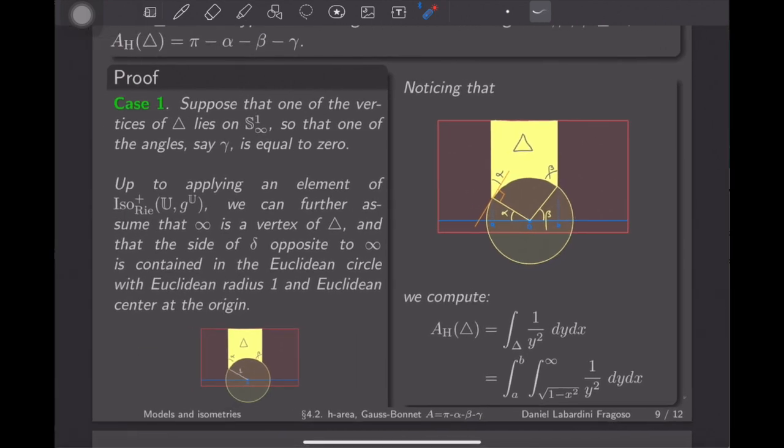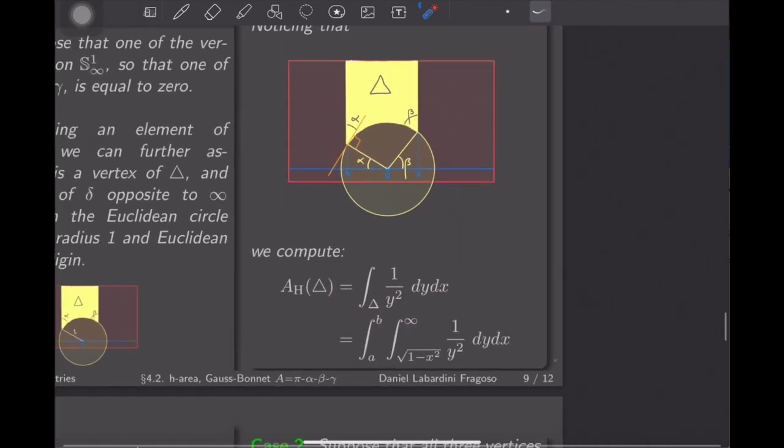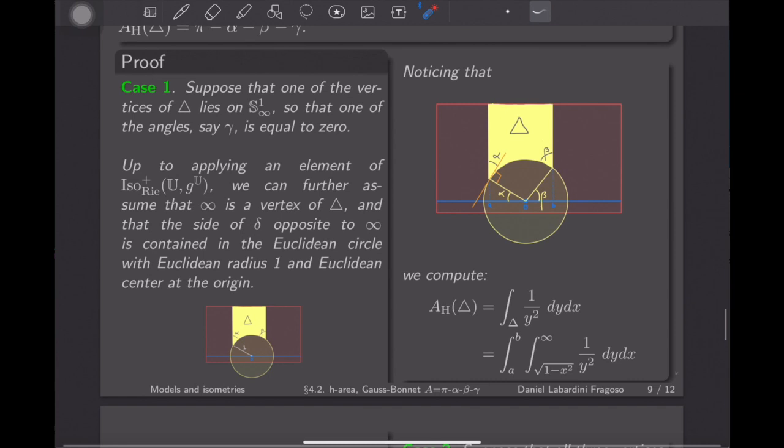And now we want to compute the hyperbolic area. By definition, it's this, right? But then we want to integrate over this region, which is an infinite region, right? So what we have to do is just parameterize this and then integrate that way.